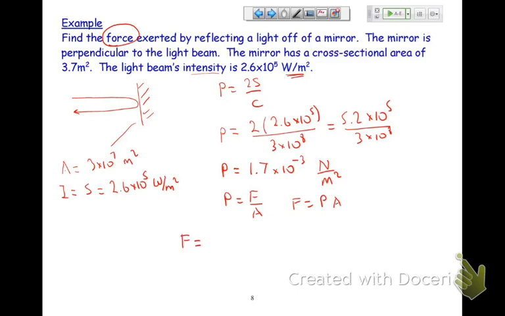So force is equal to my pressure, 1.7 times 10 to the minus 3, times my area, and my area we just said was 3 times 10 to the 7. So my force is equal to 5.1 times 10 to the 4 newtons.